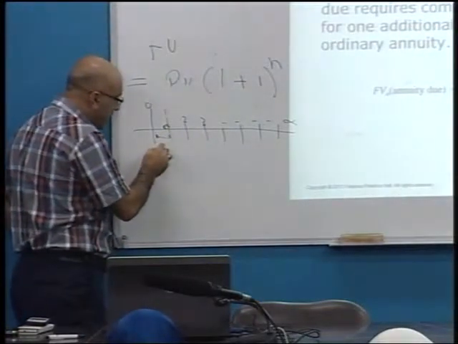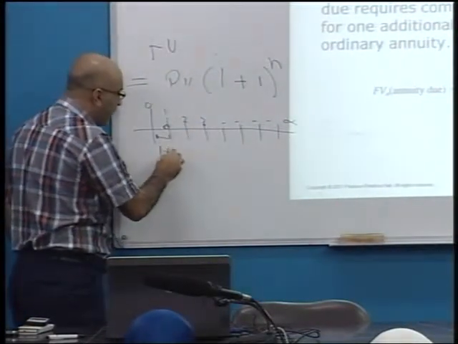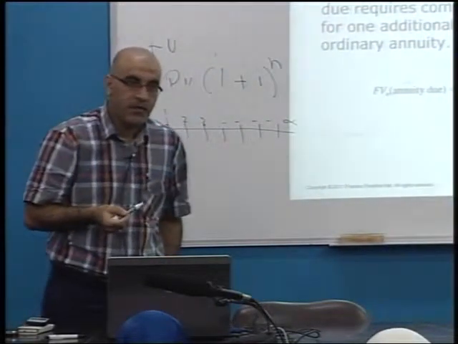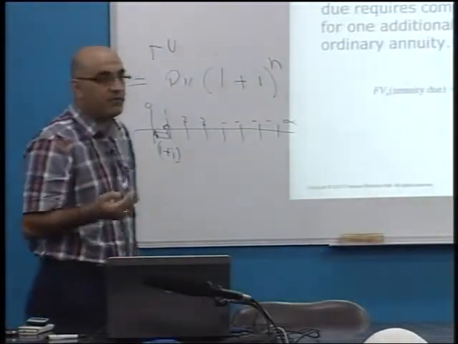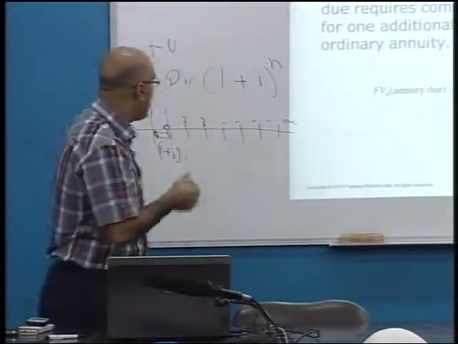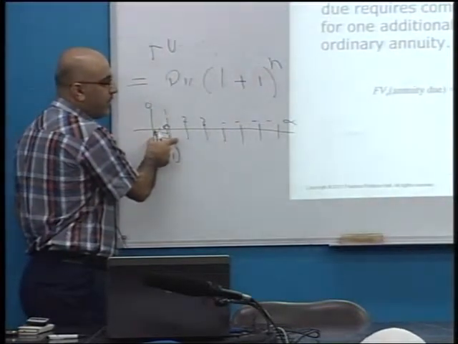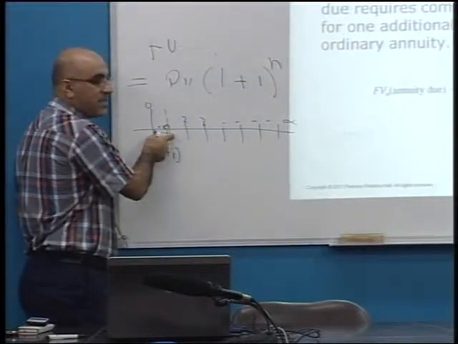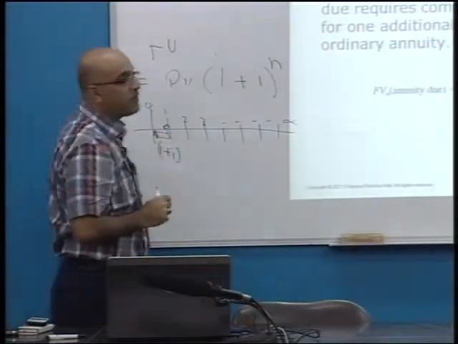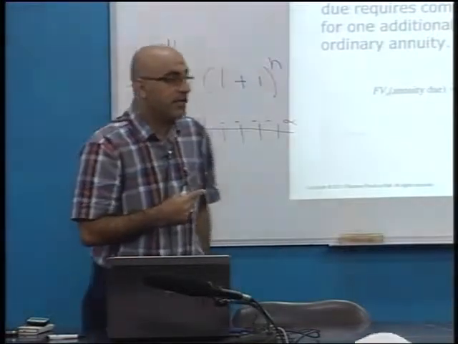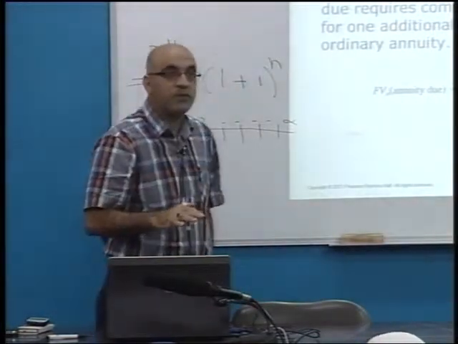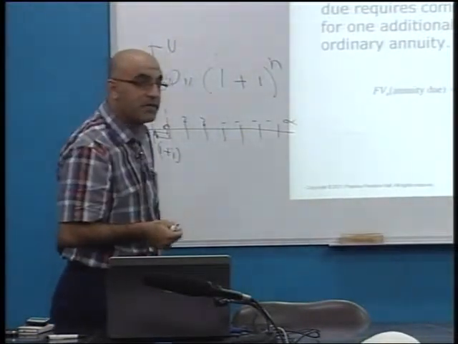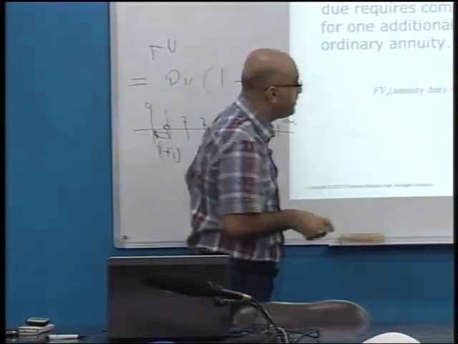So we have to multiply the equation by 1 plus I because we have this space. We have one year left for the future value and one year left for the present value. This is why we multiply the whole equation by 1 plus I, because we have one single period that is not considered in the ordinary annuity, but we have to consider it when we calculate the annuity due.